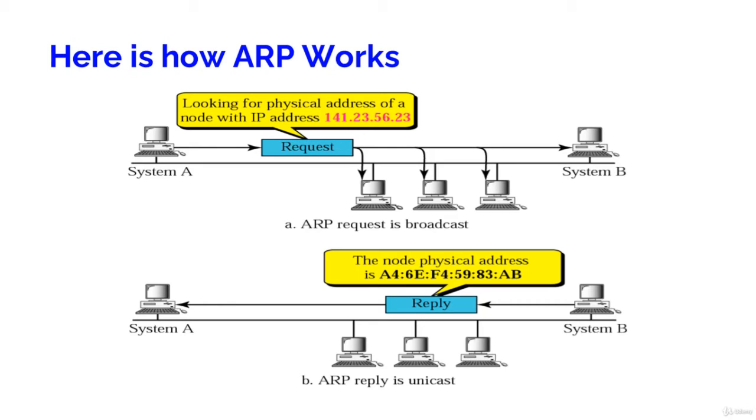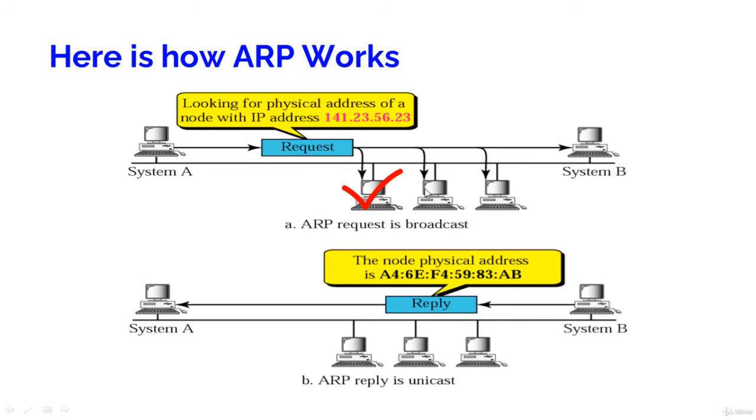If ARP resolution is not there in local cache, the source machine will generate an Address Resolution Protocol request. So, as you can see, System A has generated the message looking for physical address of a node with IP address 141.23.56.23. Step 3. The source broadcasts the Address Resolution Protocol request message to the local network.